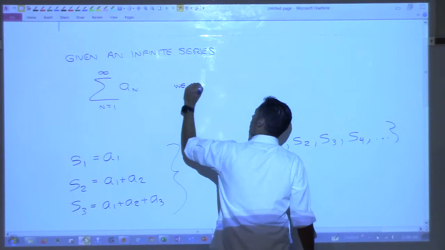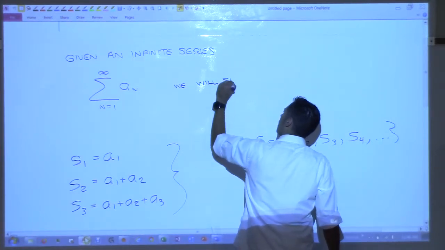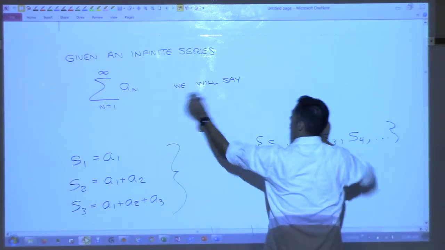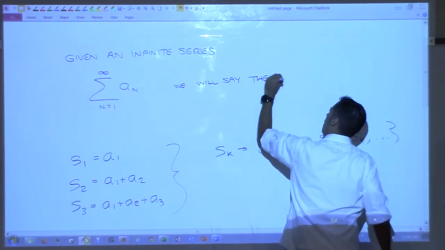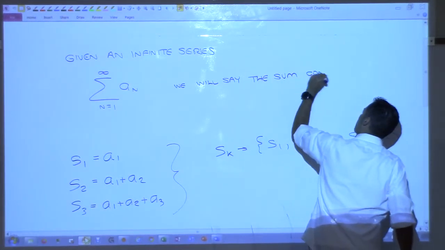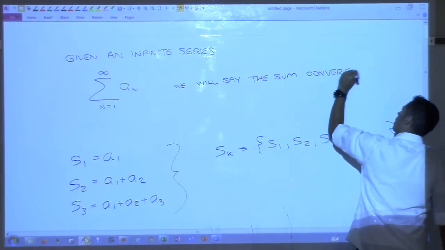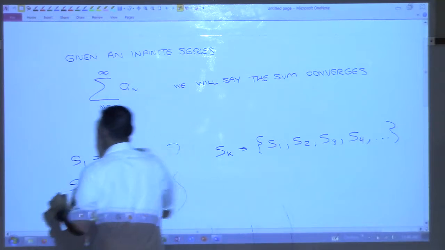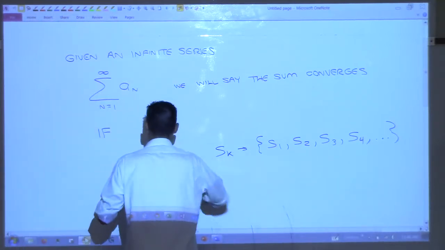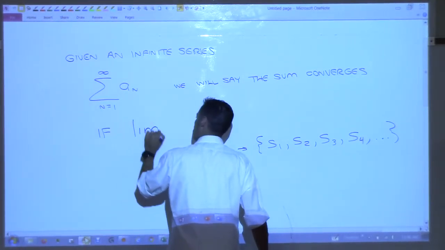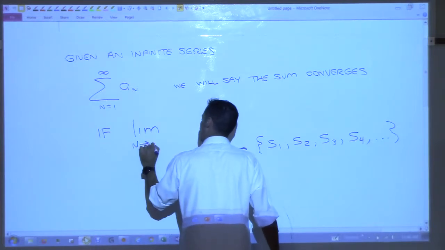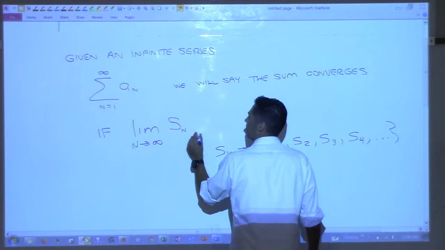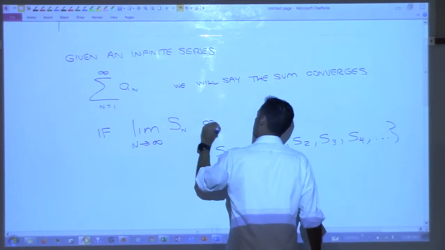We will say the sum converges if the limit as n goes to infinity of s sub n converges.